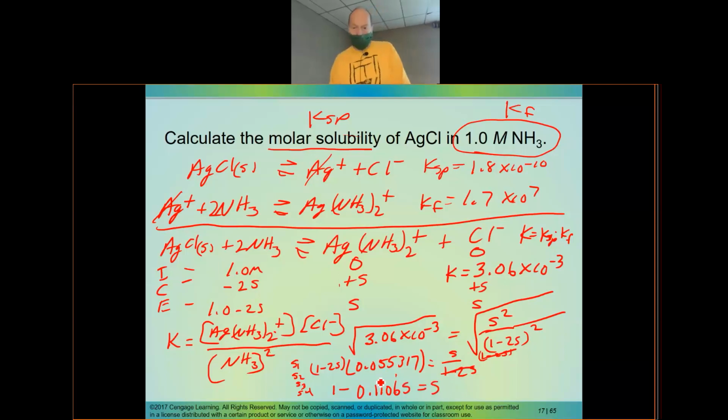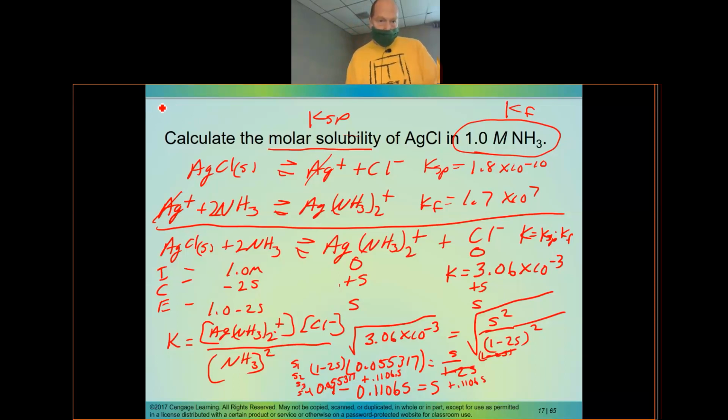So I'm going to add 0.1106S to both sides. And then I get 0.055317. Okay. All right, I'm running out of room here. I'll rewrite it.